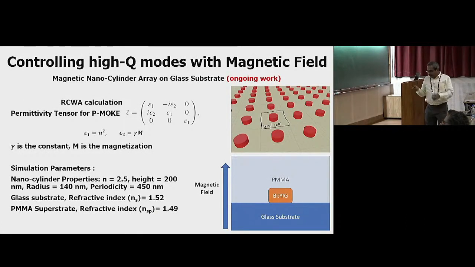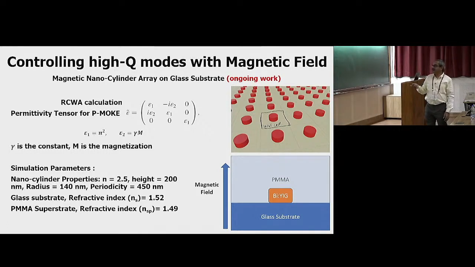So right now what we're trying to do is, can we control the high Q modes? As I showed, the idea is to get as high Q as possible, go as close to the BIC mode as possible. So for that, instead of using non-magnetic dielectrics, we are using a magnetic material, for example, bismuth doped yttrium iron garnet, which is a ferromagnetic material.